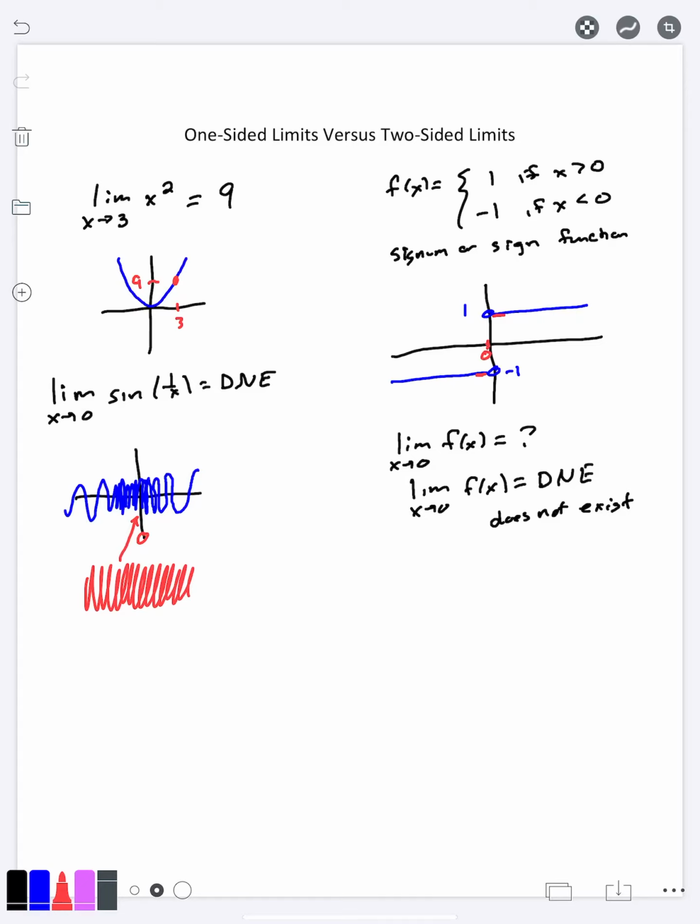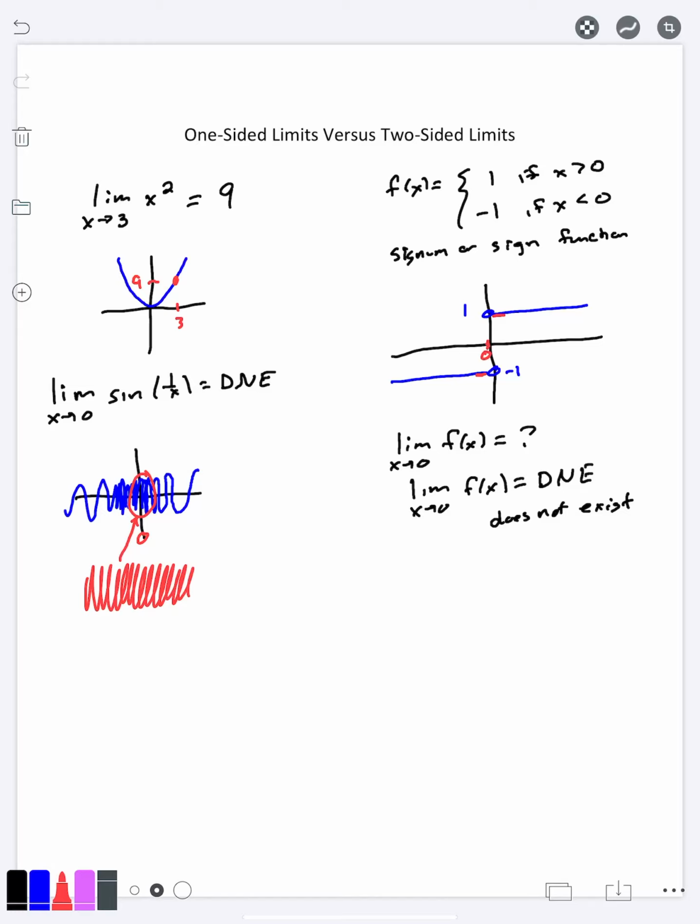So you can have different examples where the limit does not exist, but on this function over here, the signum function, even though the limit doesn't exist, there is still some structure there. You can give some information about what's happening, even if you can't get the full answer. Whereas this sine of 1 over x graph, you have no idea what's going on in the middle there. It's just a big mess.